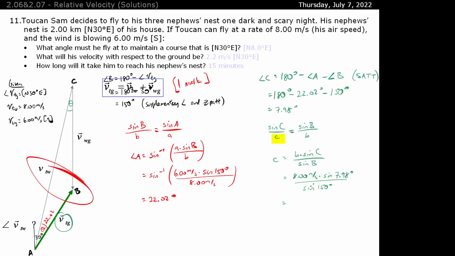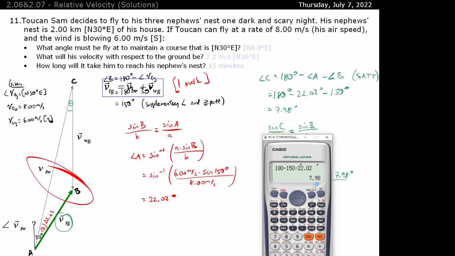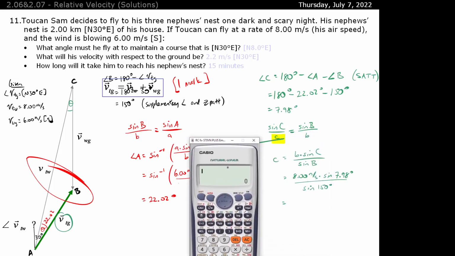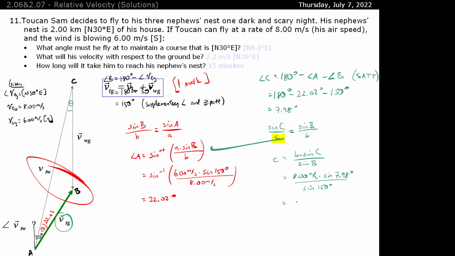Calculator time. Come on, calculator. There you go. Eight times sine of 7.98 close bracket divided by sine of 150 close bracket for good measure, and that gives us 2.22 meters per second.